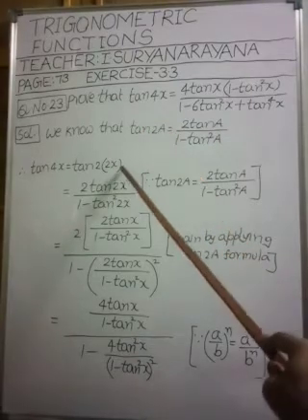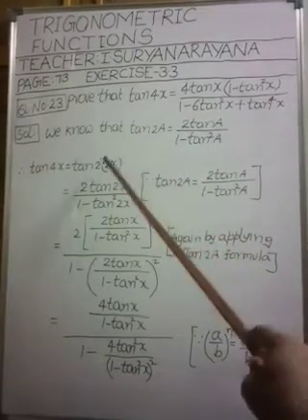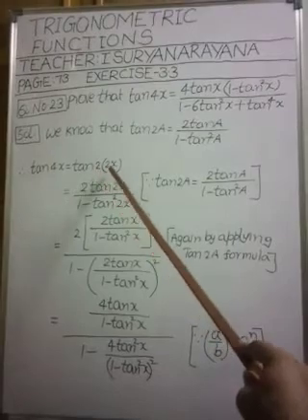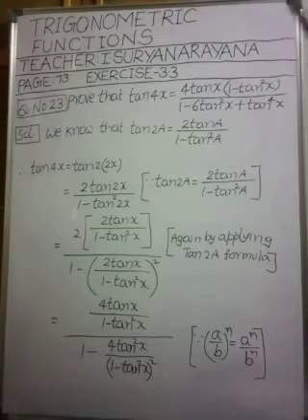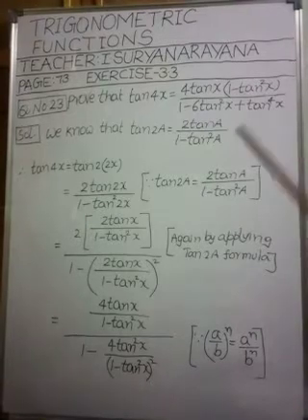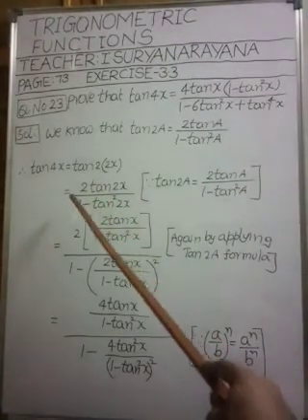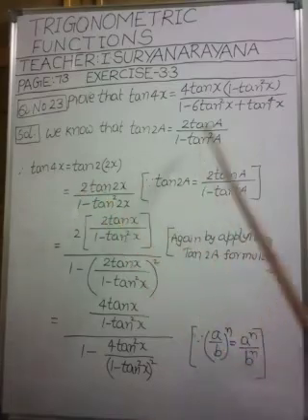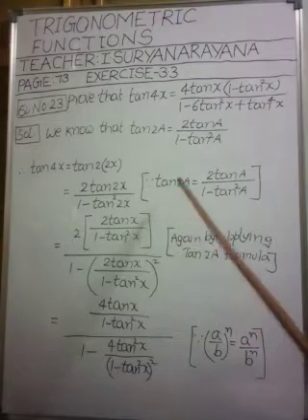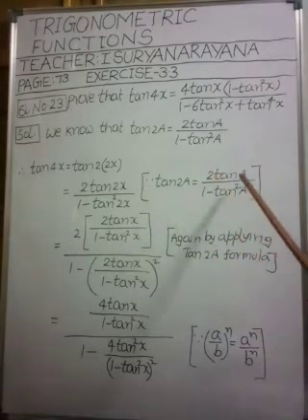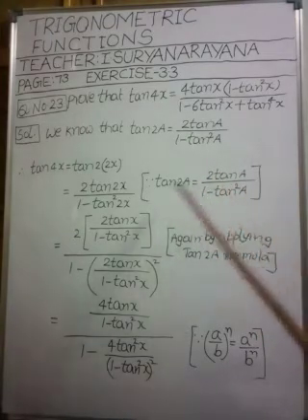Then it is in the form of tan 2a, where a is equal to 2x. So in this formula we substitute a is equal to 2x. Okay, my children? That is equal to 2 tan 2x by 1 minus tan square 2x, because tan 2a is equal to 2 tan a by 1 minus tan square a.